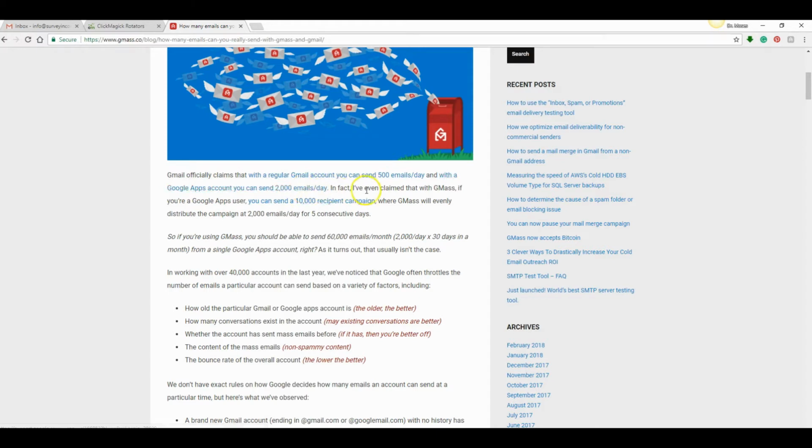They also claim that if you match GMass and G Suite together, you can send up to about 10,000 emails. That means GMass would evenly distribute your emails over 5 consecutive days with 2,000 emails per day.